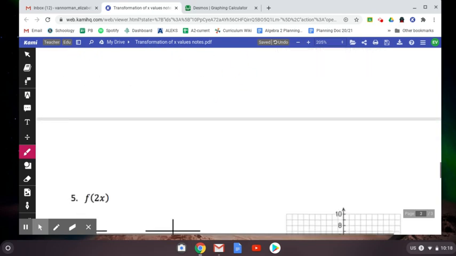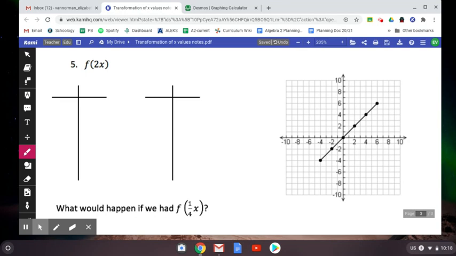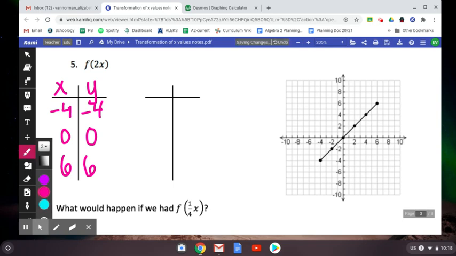Now let's take a look at multiplying and dividing. Again, we have our original graph. I'll put those same points on there: x and y, (-4, -4), (0, 0), (6, 6). And we're going to transform my function. This one is being multiplied by 2 on the inside. Well, let's think this through.